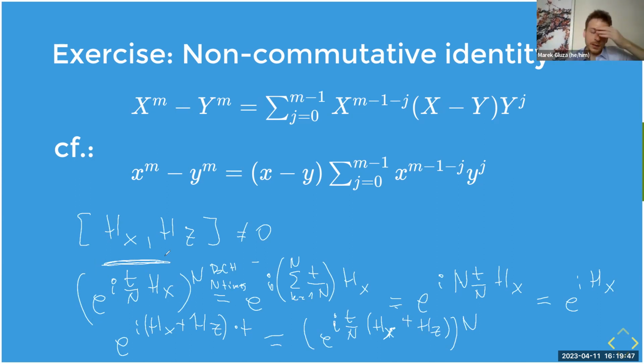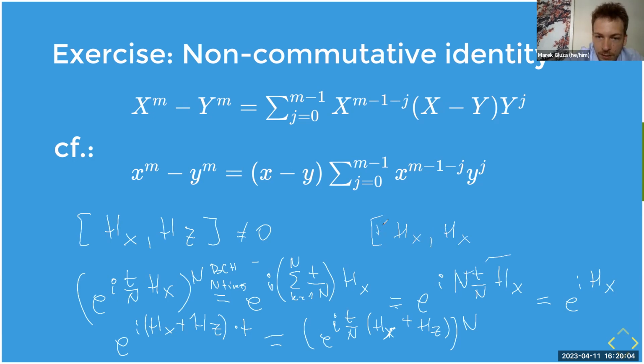I'm writing it out because I want to tell you exactly when BCH applies. Even if this is the same operator, you argue through BCH again. So hx commutes with itself, and if I add hz plus hx here, this is still 0. So we use BCH here.